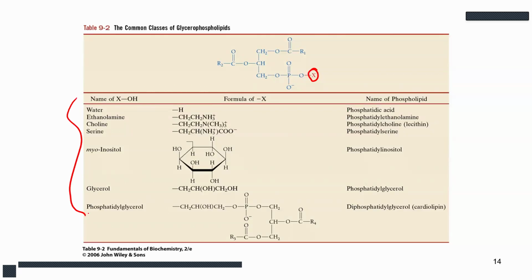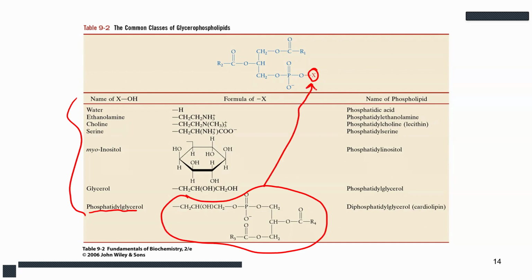Now, if we look at something like phosphatidylglycerol, what I am saying is that this whole thing can take the place of that X. When that whole thing takes the place of that X, oh man, aliphatic tail, aliphatic tail. Yes, I am saying that a polar head group can have another glycerophospholipid on it. These become very complex. This is known as diphosphatidylglycerol or cardiolipin.